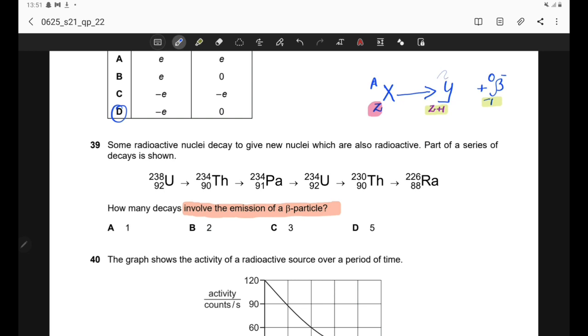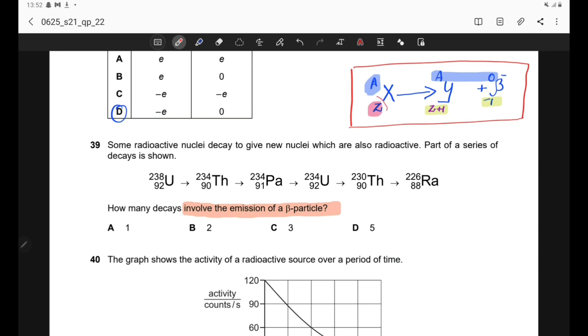Likewise, the nucleon number for Y will be A, because for beta it is 0, so that the nucleon number is A on both sides. This equation shows how the element changes after a beta emission.